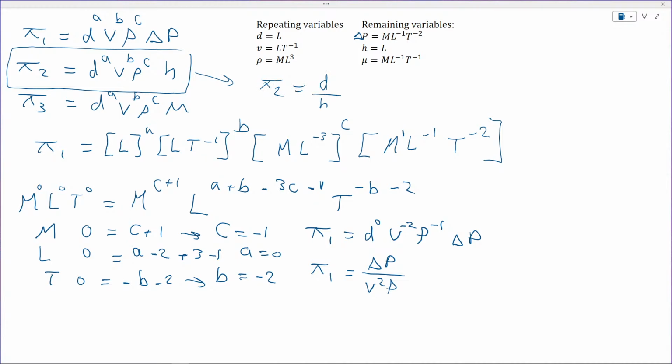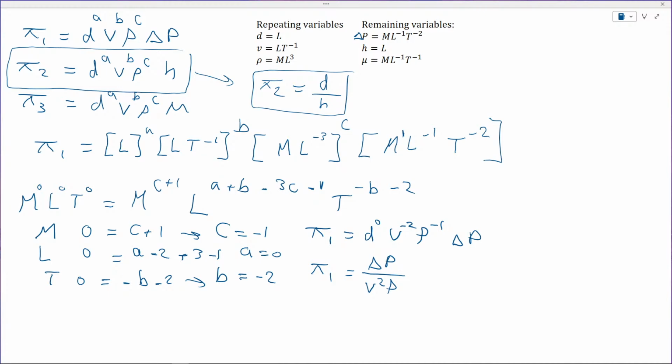That's how we can make this thing dimensionless, because h is length and d is length. But let's do it systematically and see if we get to the same intuitive result, or something else.